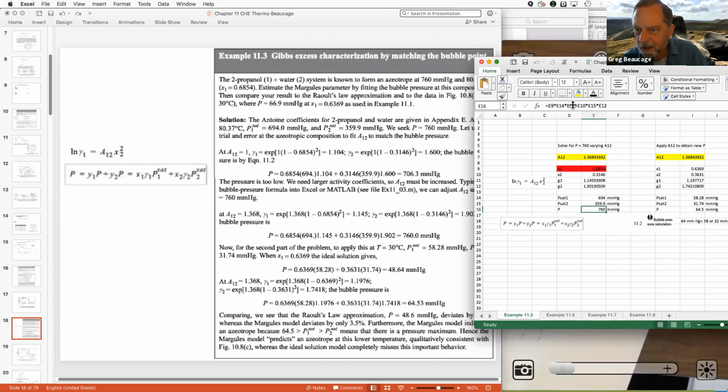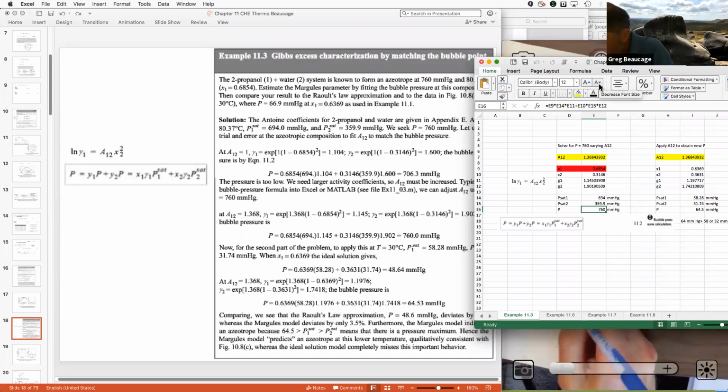So y by x is gamma P sat over P, so yP equals x times gamma times P sat.